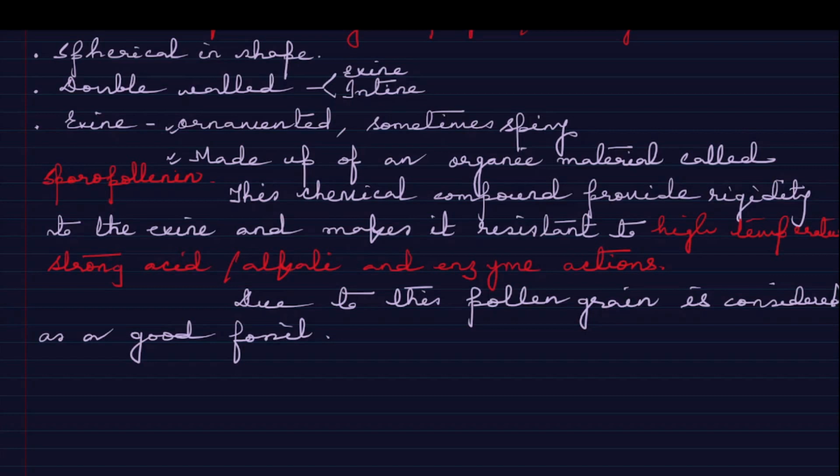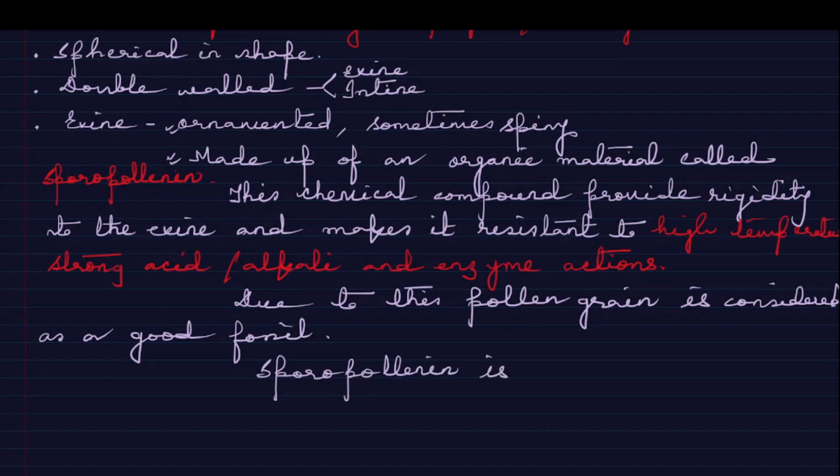Next, this sporopollenin is present on the whole outer wall, but it is absent at a part of the exine. This is also very important, the question comes on this.